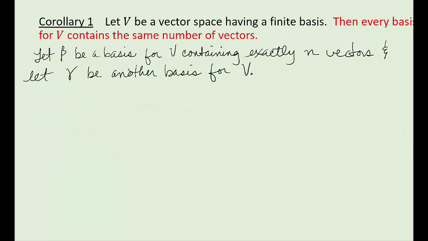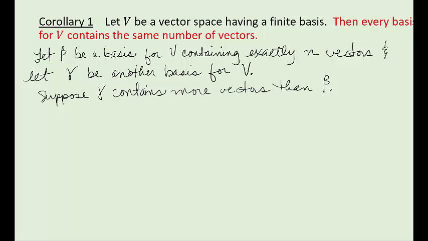In corollary 1, we are going to use the replacement theorem to prove that every basis for V contains the same number of vectors. So we'll start by letting beta be a basis for V containing exactly n vectors, and let gamma be another basis for V. And we're going to show, using the replacement theorem, that gamma and beta contain the same number of vectors.